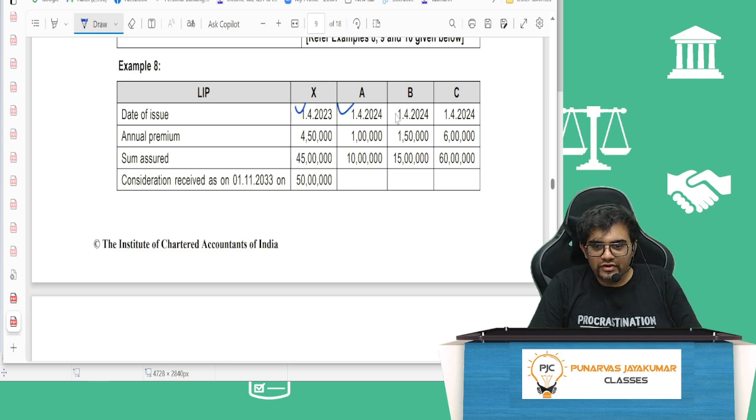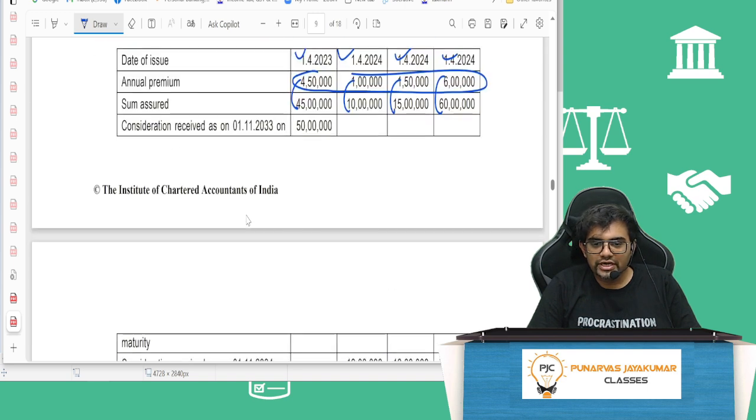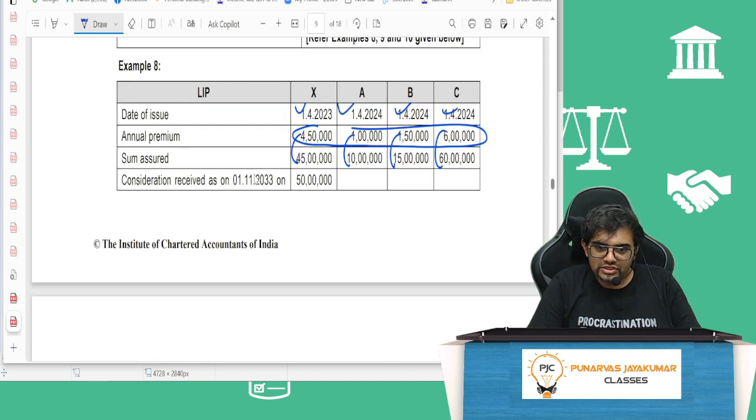1423, 1424, 1424, 1424. All are eligible. 10%, 10%, 10%, 10%, no problem. Take the aggregate. Is it more than 5 lakh? Yes. But I should now see what? Individual. This was received on 1/12/33.